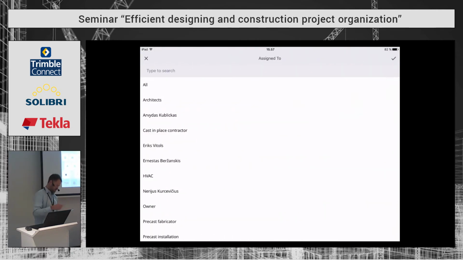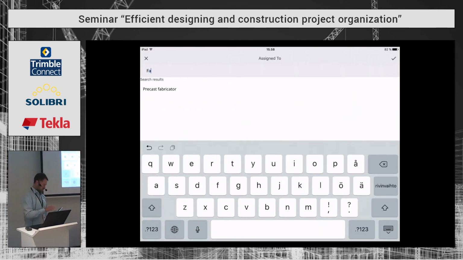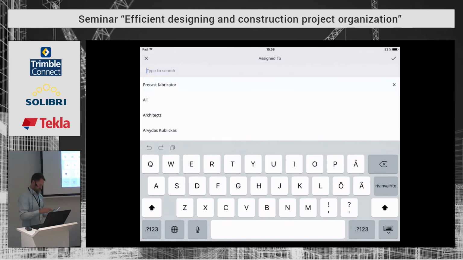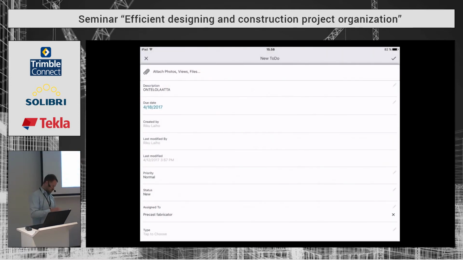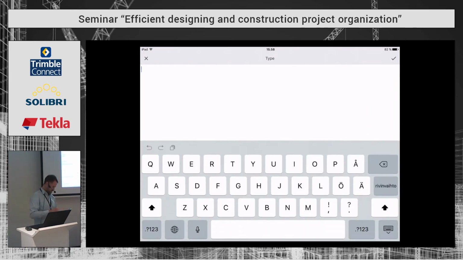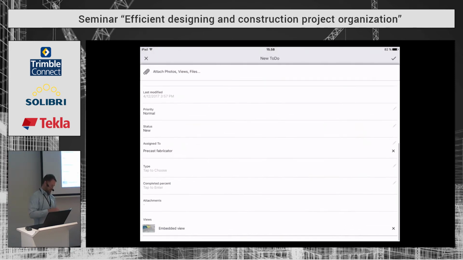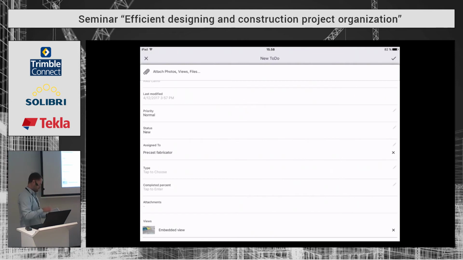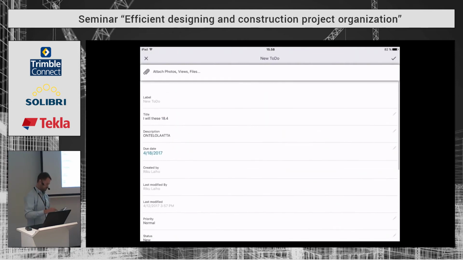Let's use the factory again, the precast fabricator. Let's send this to-do to them, and then there's different kinds of information that we can add. And there's also the view from the bottom, you can add that to help them.